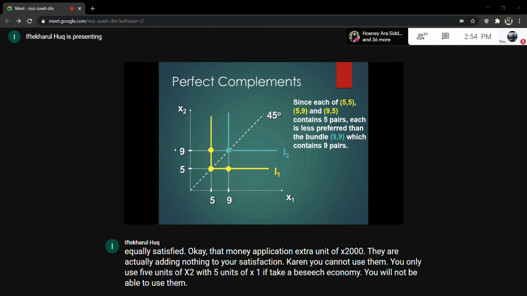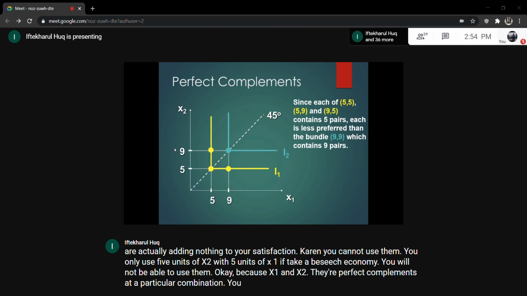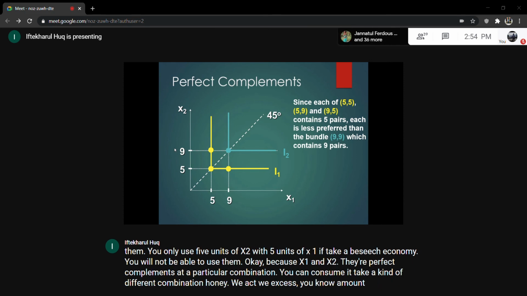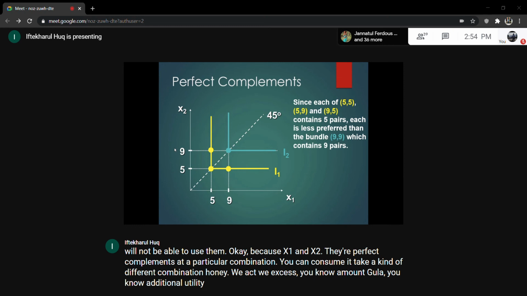Okay, because x1 and x2, they are perfect complements. একটা particular combination you can consume. এর থেকে কোনো different combination হলে ওই excess amount গুলা কোনো additional utility আপনাকে দিবে না.